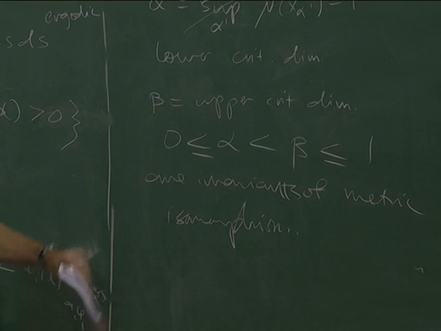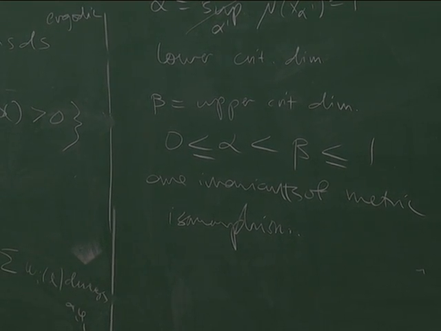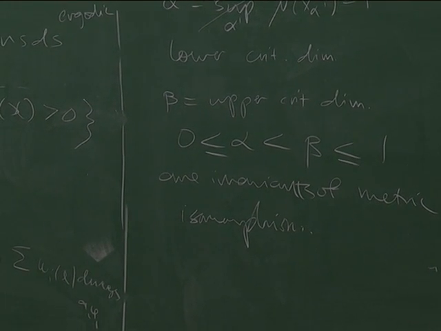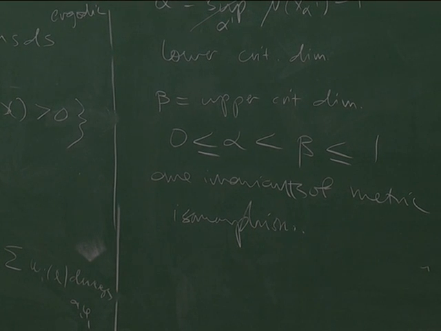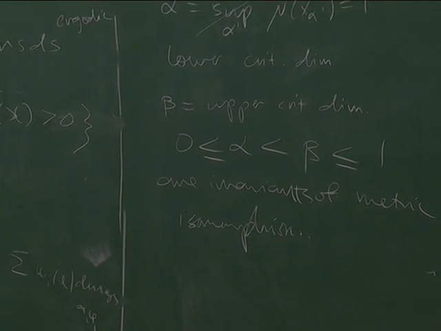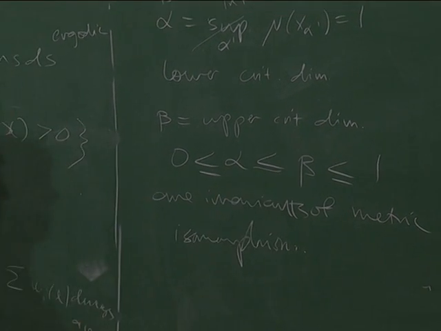But they're clearly invariants of a metric isomorphism. Well, clearly it's not very hard to see that they are. But they're not invariants of orbit equivalence. Let me put equals there. That's kind of interesting when alpha equals beta.